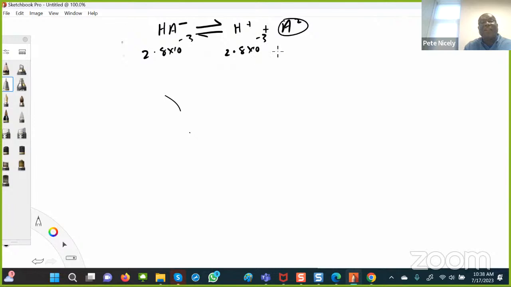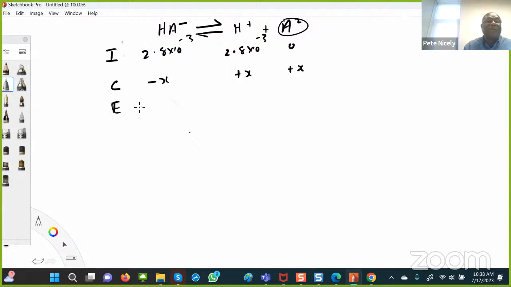And the concentration of A2 minus would be 0, all right? These would be the initial concentrations in this new ice table. So the change here would be minus X for the HA minus, plus X for the H plus, and plus X for the A2 minus.